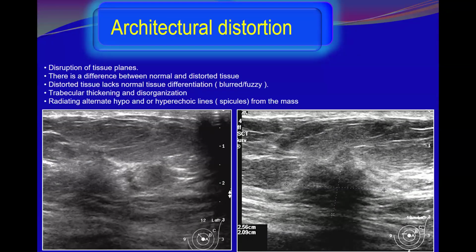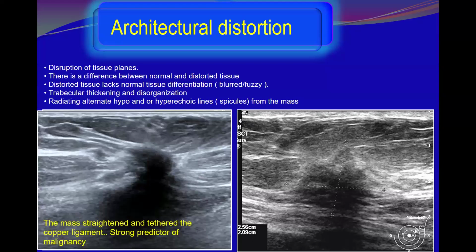So we have hyper and hypoechoic spicules. When the mass is within the dense parenchyma, you can see the hypoechoic spicules. And also here, look at this fuzzy hyperechoic reaction around the mass, obscuring and distorting the adjacent tissue.